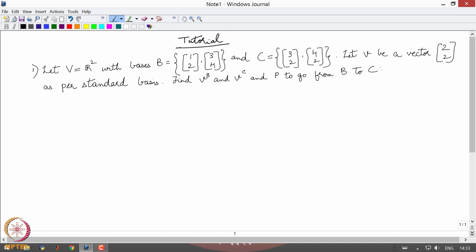Okay. So, now how can we find out the coordinates of this vector (2, 2) with respect to the basis? When we say coordinates, we can write them as a linear combination.